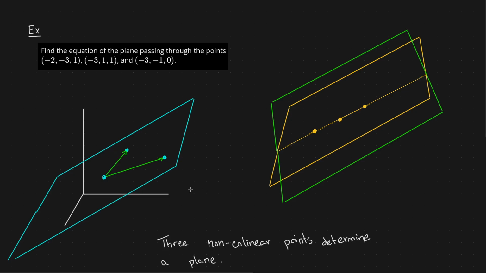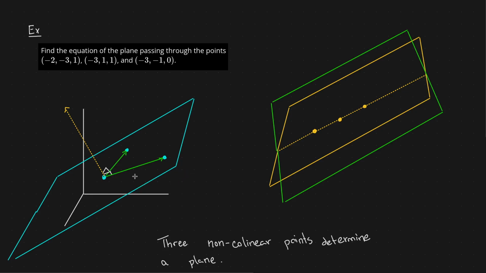Now, if I can find a vector orthogonal to both of these vectors, the vector must also be orthogonal to the plane. That's the thinking. So I want to find a vector that is orthogonal to both of these vectors, and therefore orthogonal to the plane. And we have a trick for doing this.